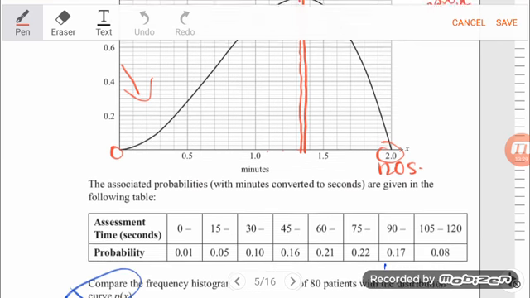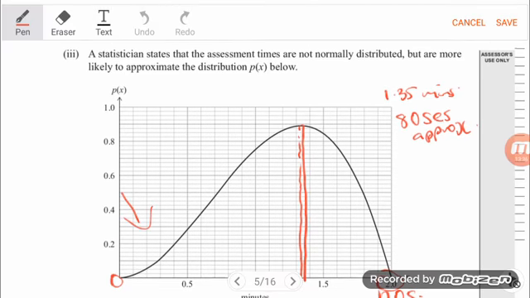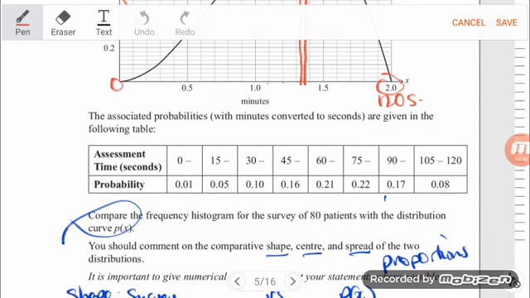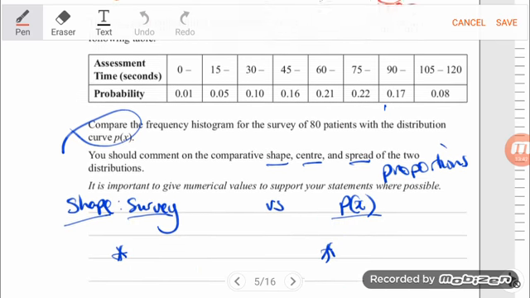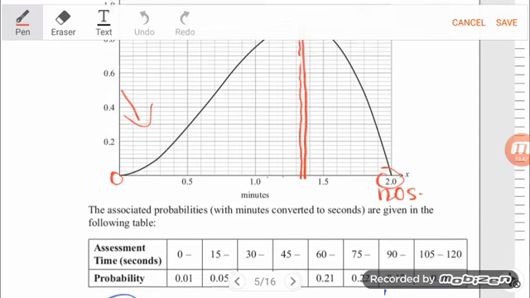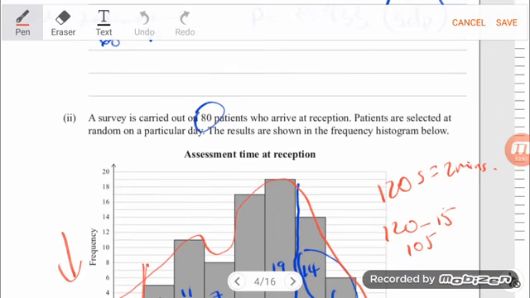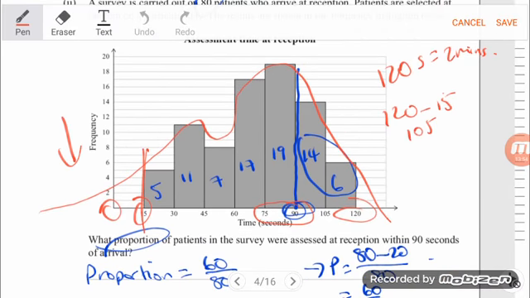Alright. Proportions, how many people? The first one was out of 80. Okay, so we can't really say what the people would be, but we could look at where the proportions of these numbers sit compared to the second graph.